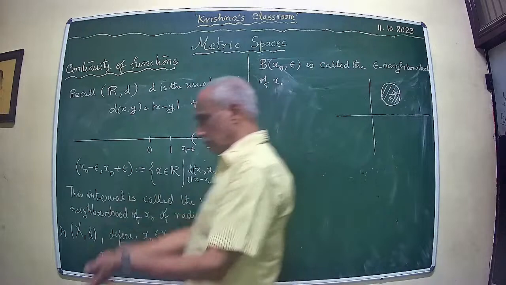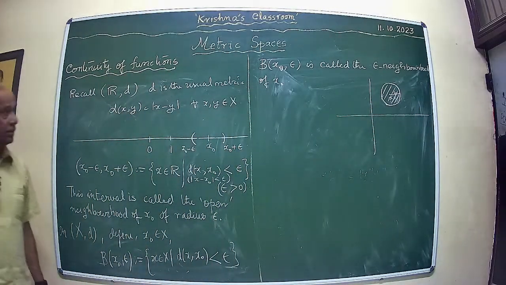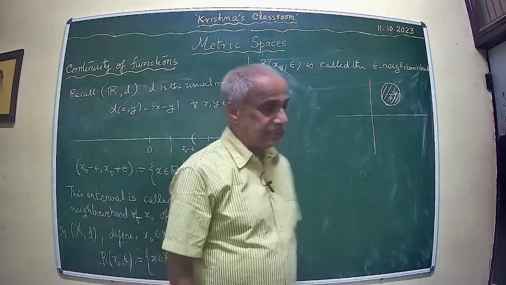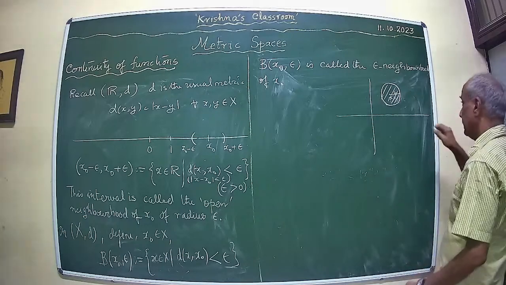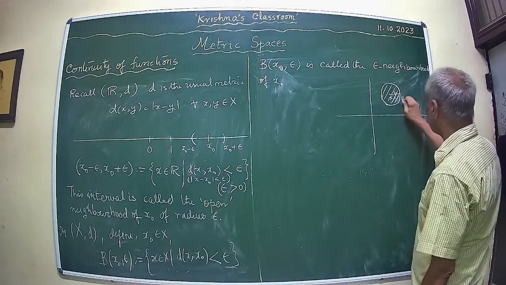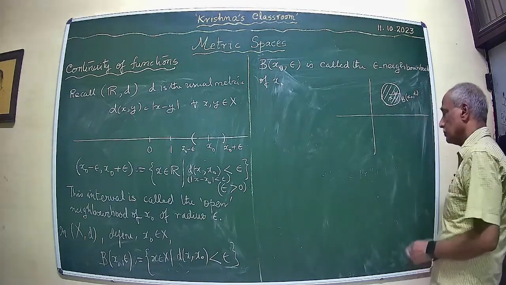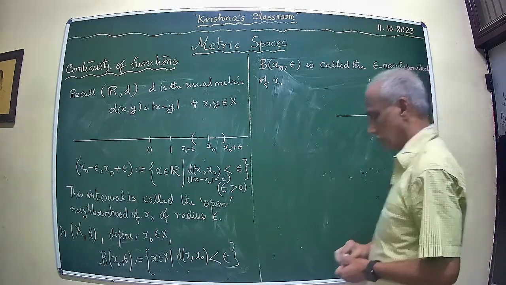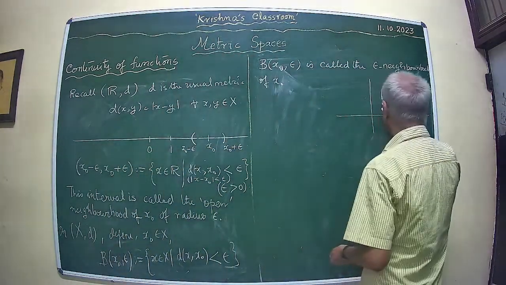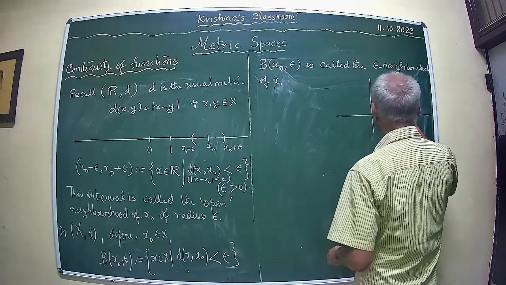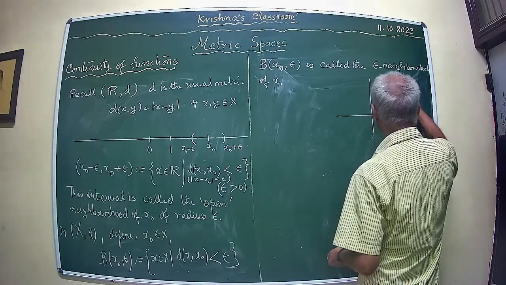But if you were to use a different metric, then you are going to get sets of different shape. So this is what is called B(x naught, epsilon). But only the interior is there, so the boundary is not included. So let's just cut the boundary.